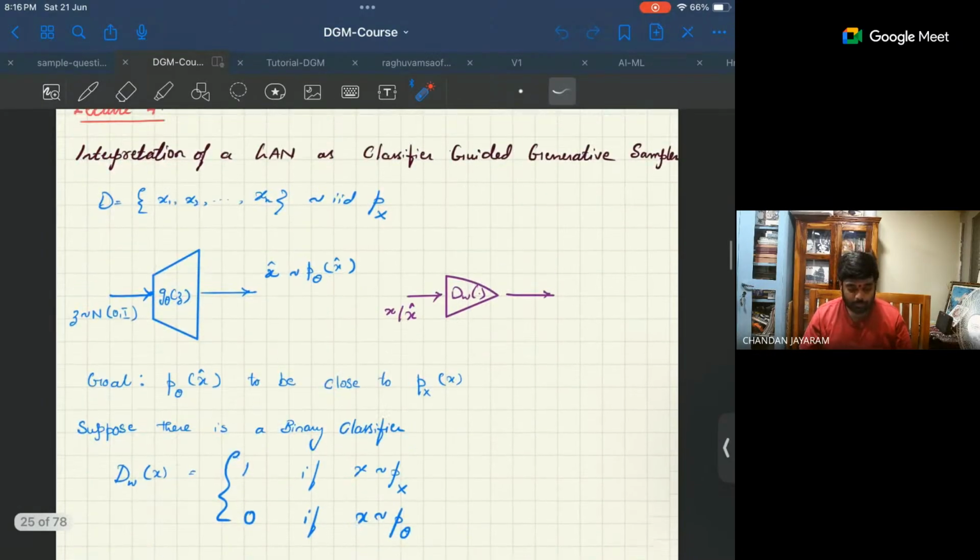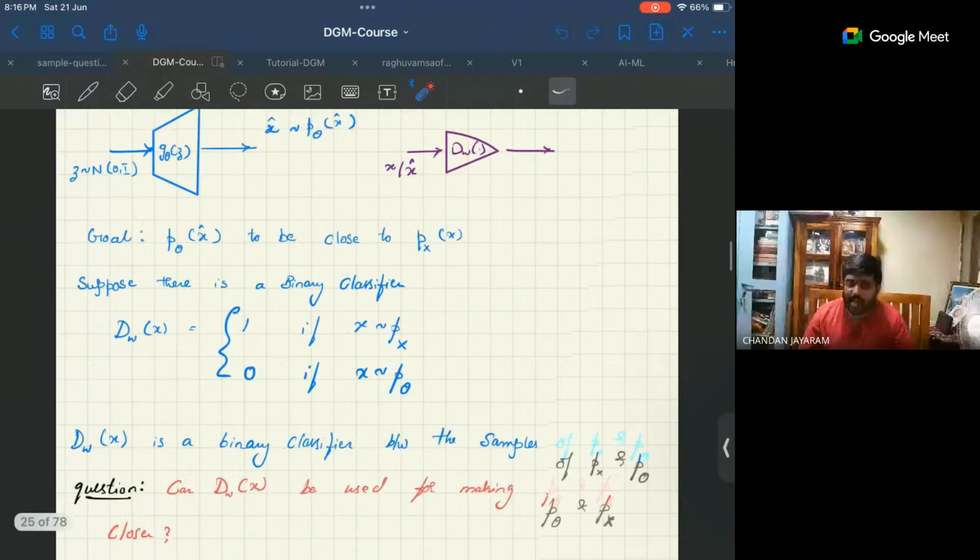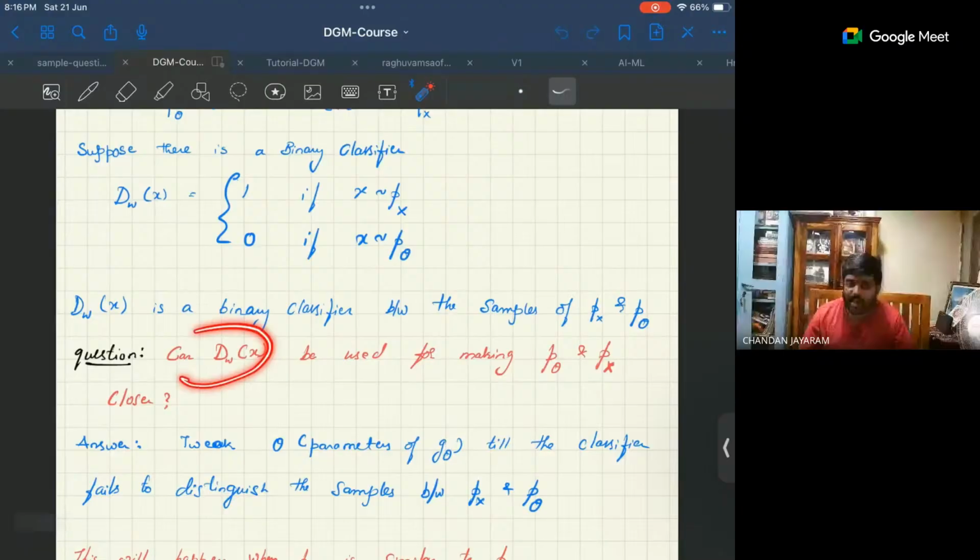So now the next idea that you have is that you can interpret this GAN as a classifier guided generator model, which makes total sense. From our basic understanding itself, can the discriminator that you have be used for making P theta and P closer?